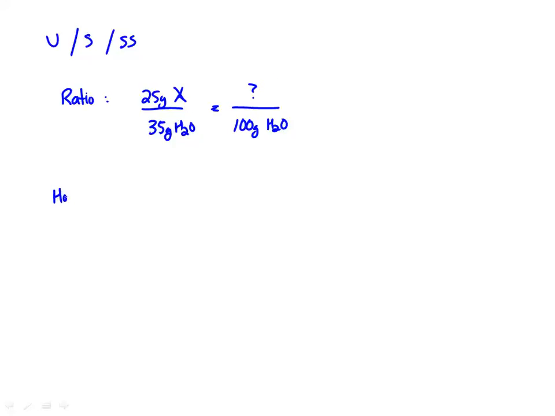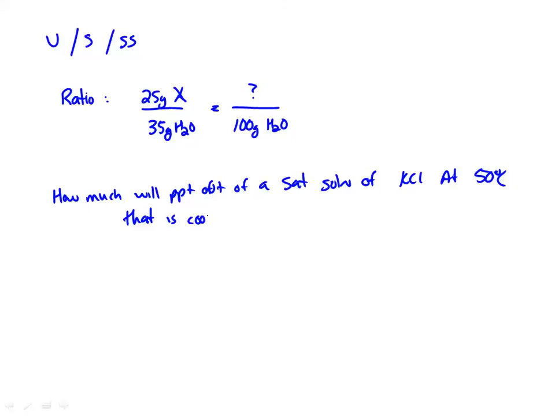What if I ask a question, though, about how much will precipitate out of, say, a saturated solution of KCl at 50 degrees that is cooled to 30 degrees Celsius? Well, that's just a subtraction, right? Meaning you find the solubility at 50 degrees Celsius. KCl at 50 is about, say, 43 grams.